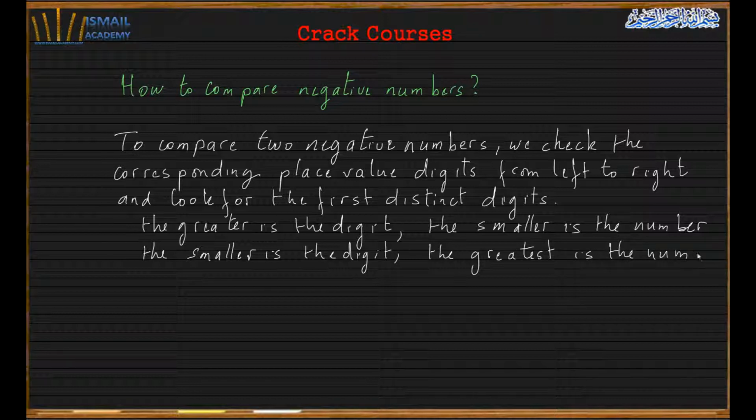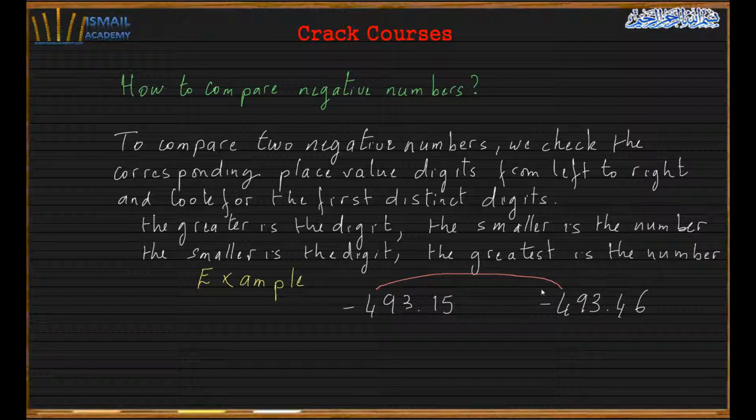Let me give you an example. Suppose I want to compare those two negative numbers. Like I said, we're going to compare place value. We compare the 100 with the 100, they are the same.